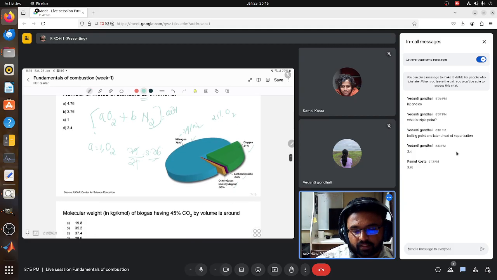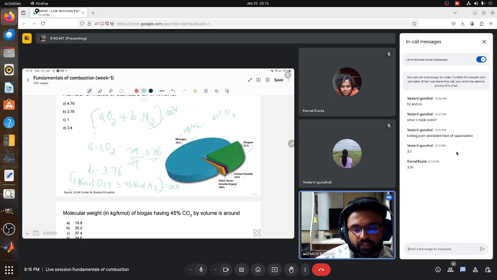So that means your B is 3.76 kilomoles. In total, you have 1 kilomole of oxidizer plus 3.76 kilomoles of nitrogen. This is what you call air.